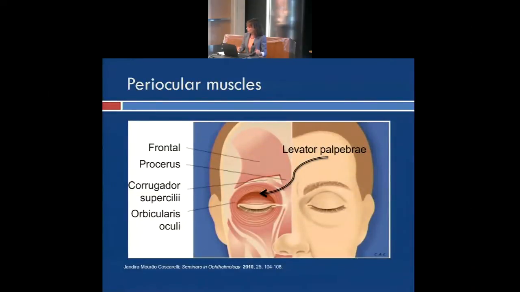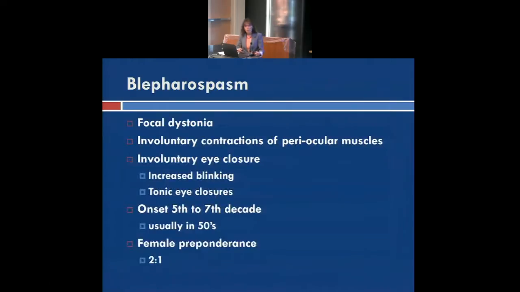Now, we know that blepharospasm is a focal dystonia. So it involves abnormal, involuntary contraction of these muscles that are responsible for closing the eye. So it's involuntary eye closure that can be manifested by increased blinking in some.